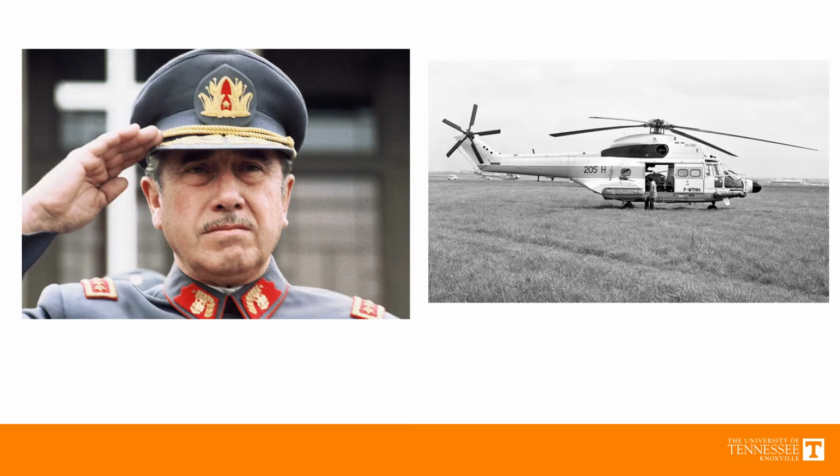As you can see on the right, he would load suspected communists into helicopters, fly dozens of miles out to sea, and then throw the communists out of the helicopter for them to drown, propped up by the United States. And in the aughts, this became an especially big issue because he was on trial, and the group Amnesty International was a big driving force for all the debate around what to do with him.